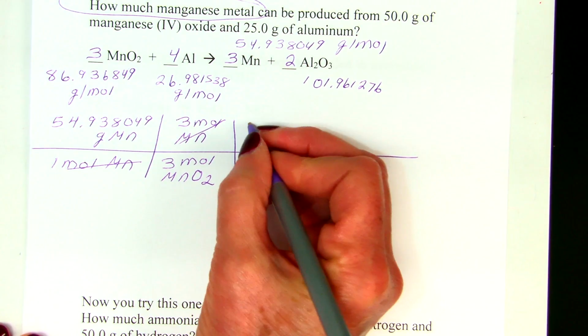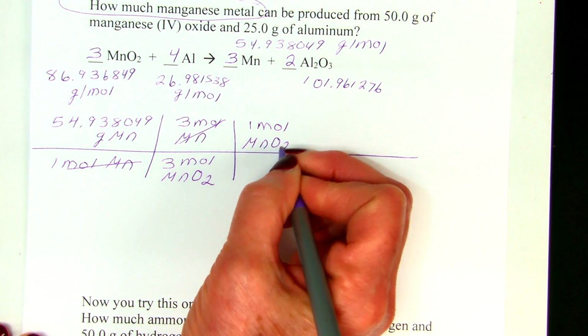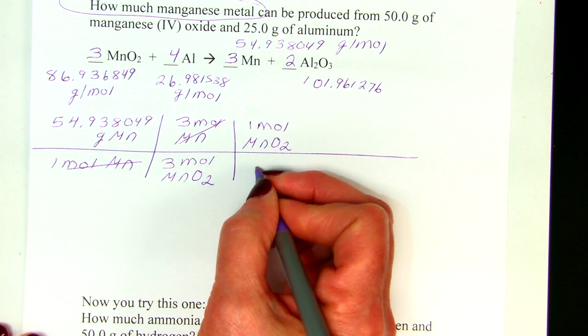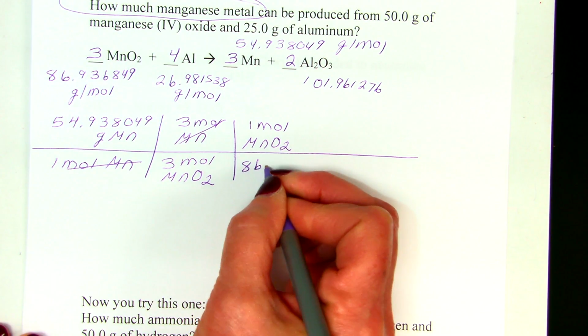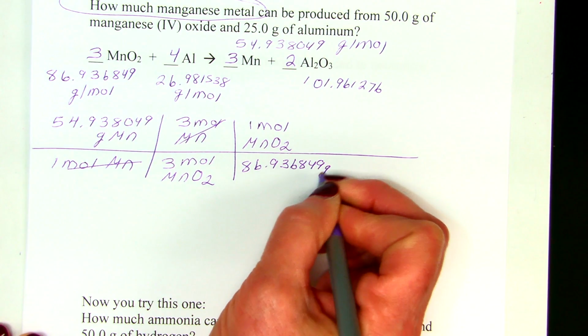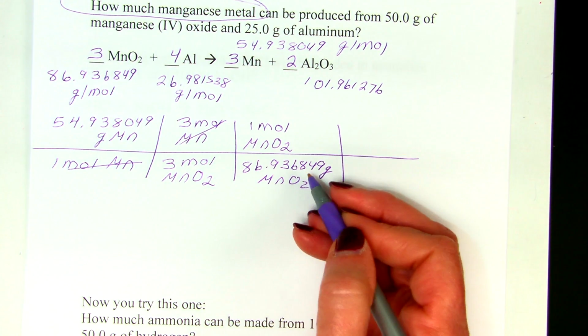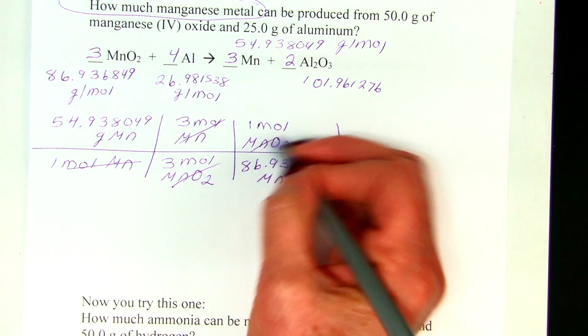Now I know that 1 mole of MnO2 has a mass of 86.936849 grams of MnO2. And now I have canceled my moles of MnO2.